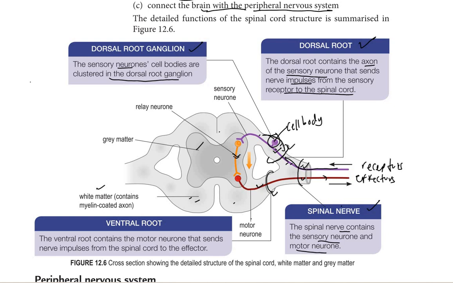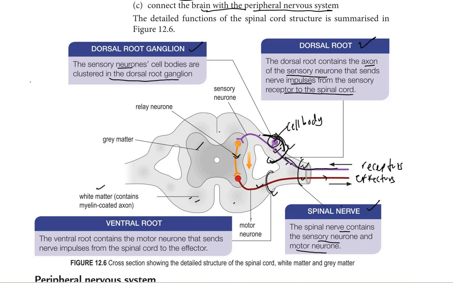This dorsal root ganglion is the curve here at the dorsal root. Later we are going to learn more about what is the cell body, what is the axon.